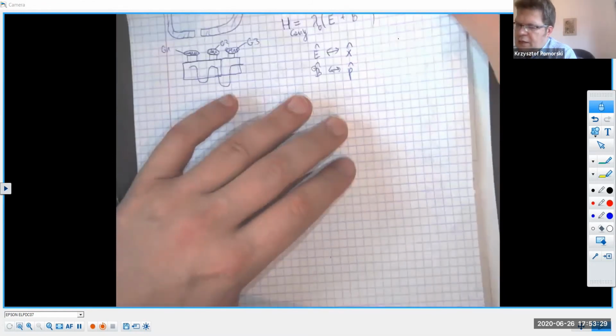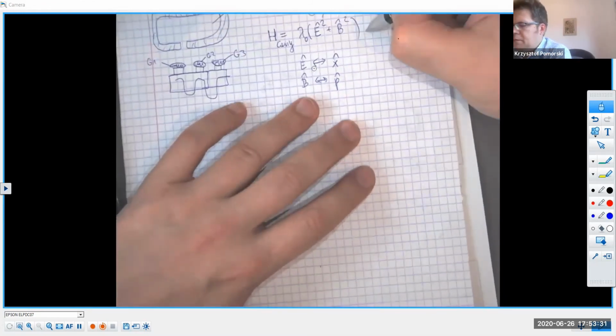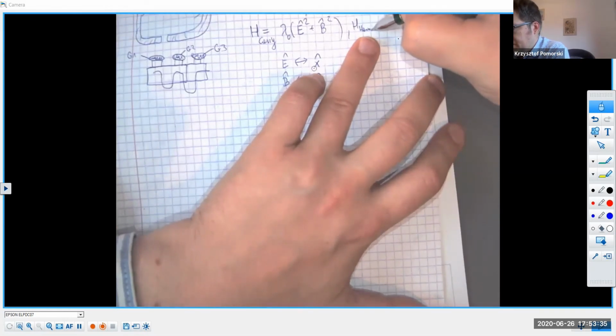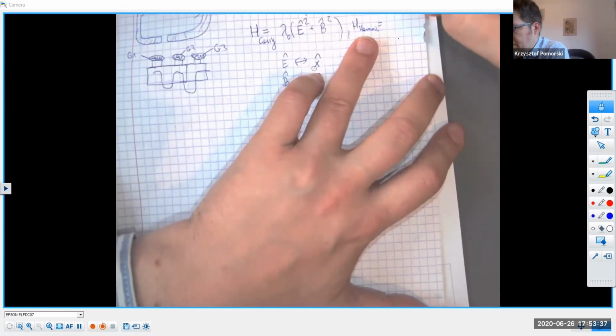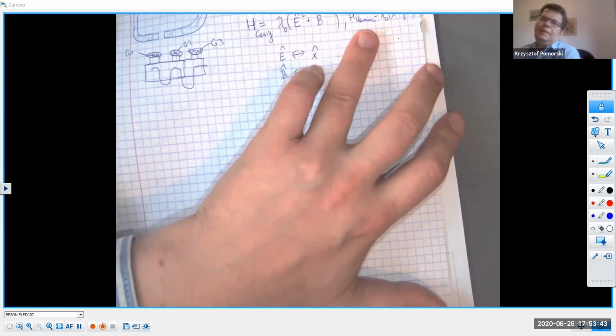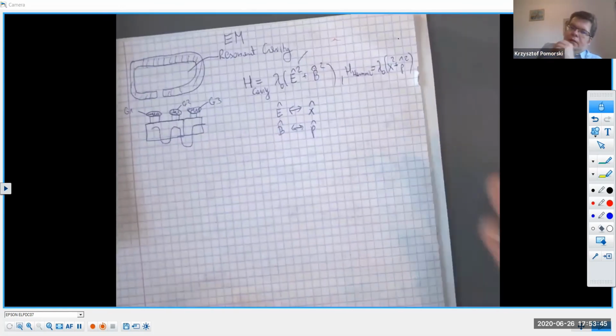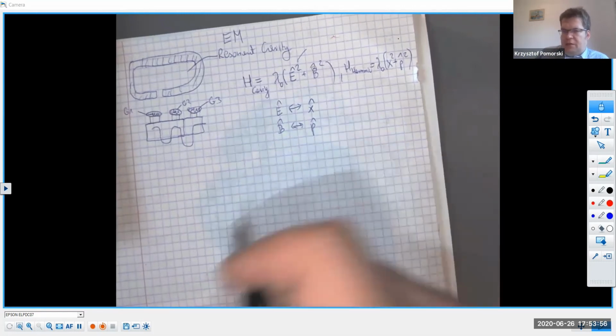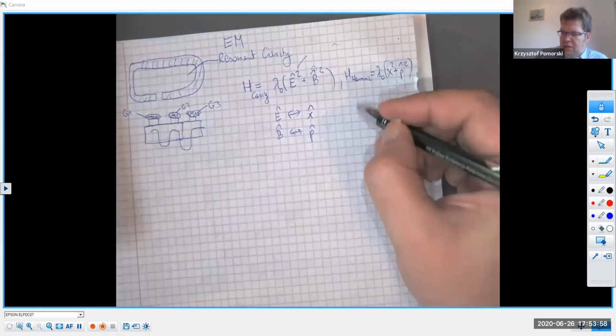So virtually it's like a harmonic oscillator. Did you know that in such harmonic potential, the difference between eigenenergies is constant?